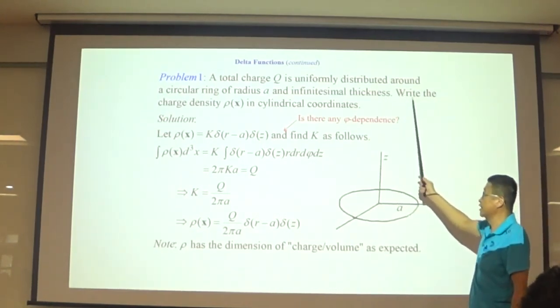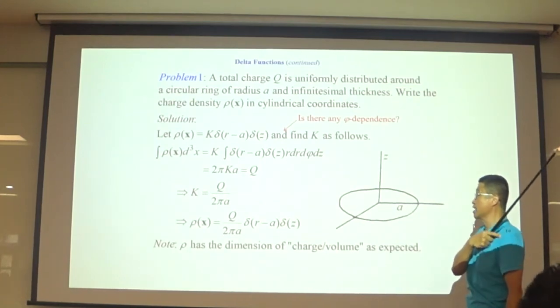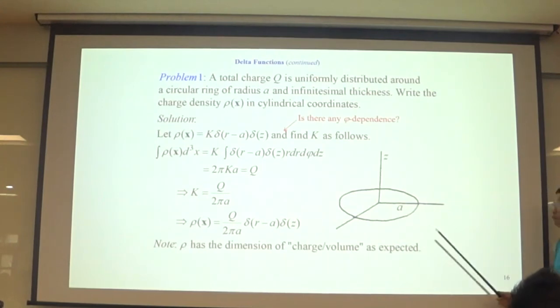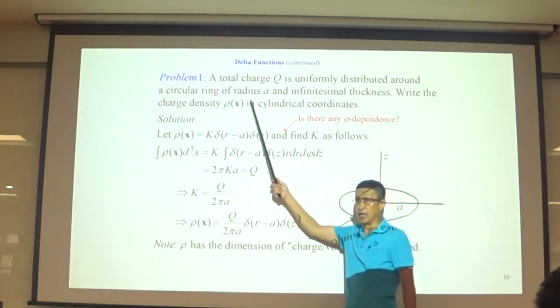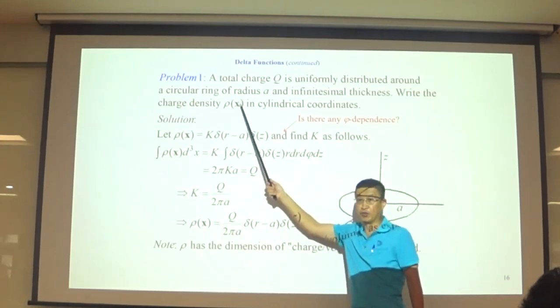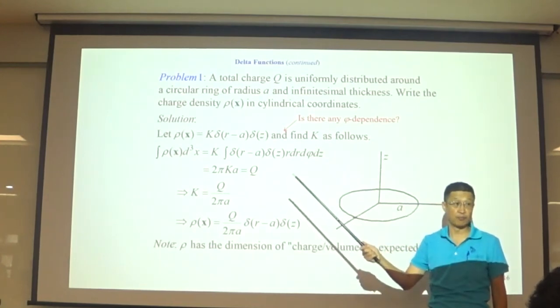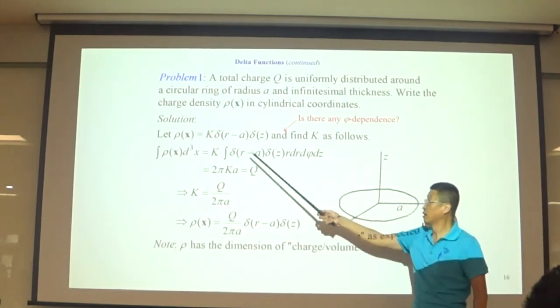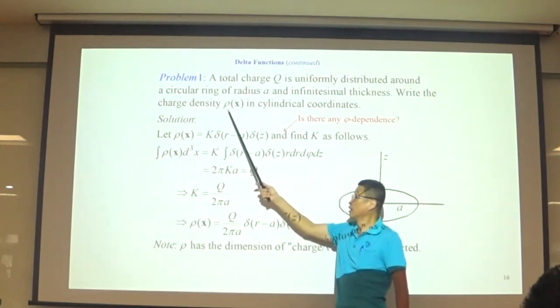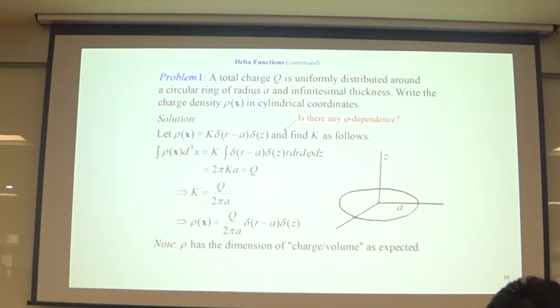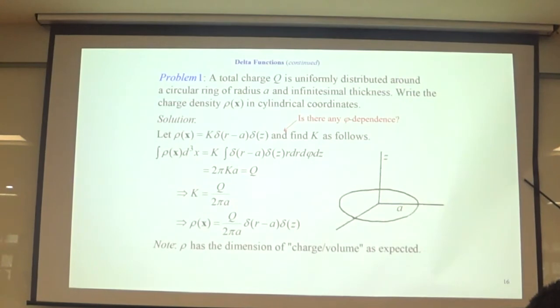thickness. Write the charge density, rho of x, in cylindrical coordinates. You can write the charge density in Cartesian coordinate, in cylindrical coordinate, in spherical coordinate. You can write charge density here. This is charge density, but unfortunately, we say rho is the coordinate for cylindrical coordinate.